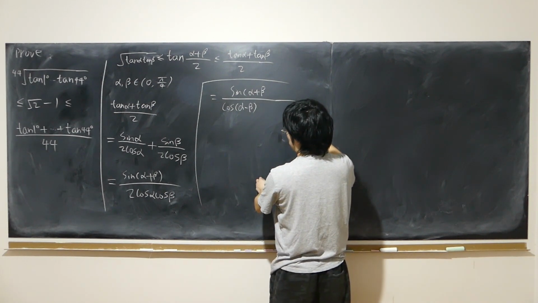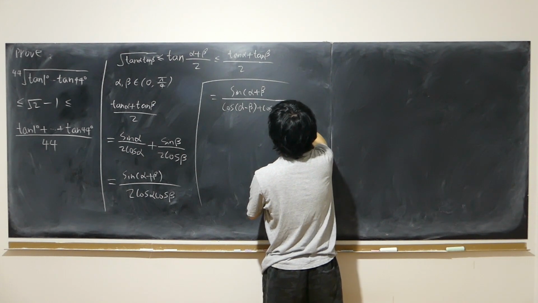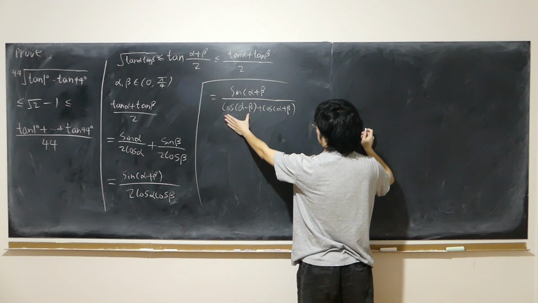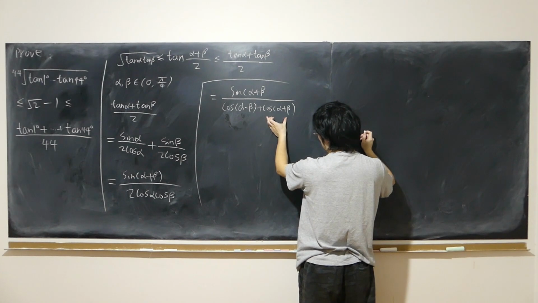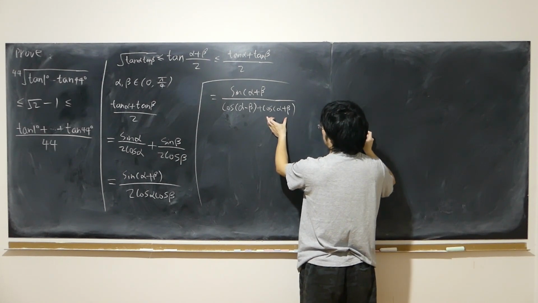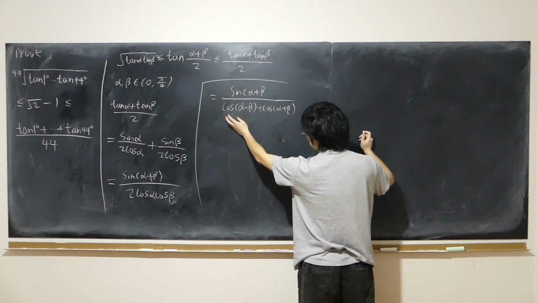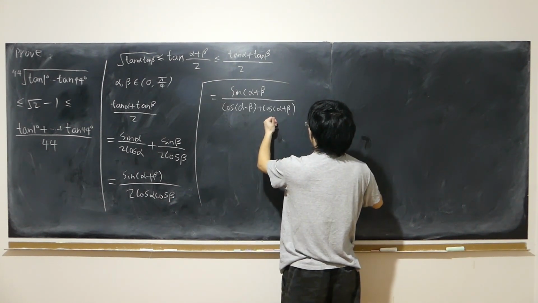Is it plus or minus? I think it's plus. Cosine alpha plus beta. Right, first of all, we have cosine alpha cosine beta plus sine alpha sine beta. Here we have cosine alpha cosine beta minus sine alpha sine beta. So the sine alpha sine beta cancel out. We have twice of cosine alpha cosine beta. Right? So this is what we have here.